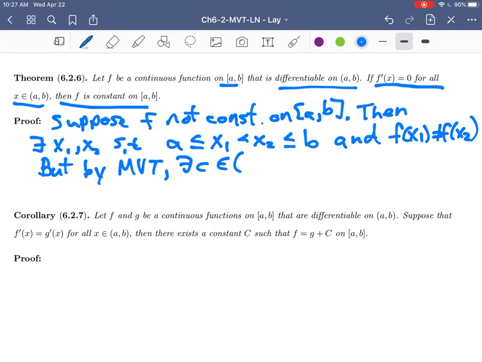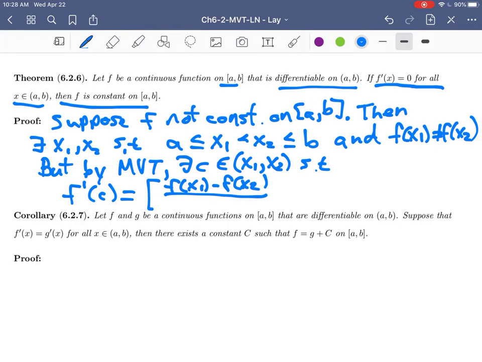There would be this value c in that open interval x1 to x2 such that f prime of c is equal to f of x1 minus f of x2 over x2 minus x1, which is not equal to 0. And this is a contradiction.